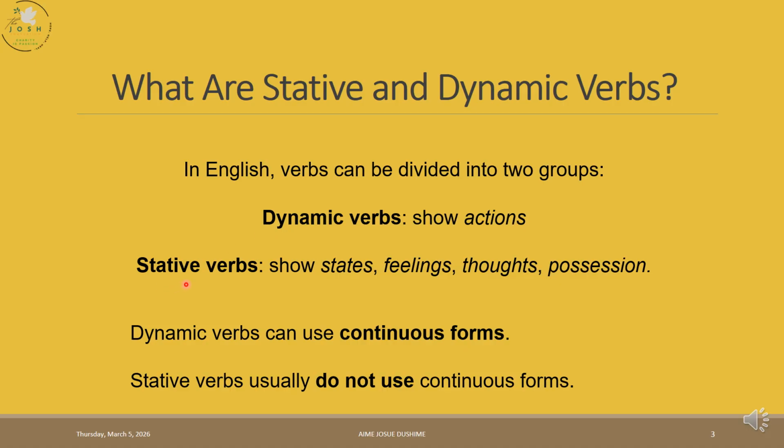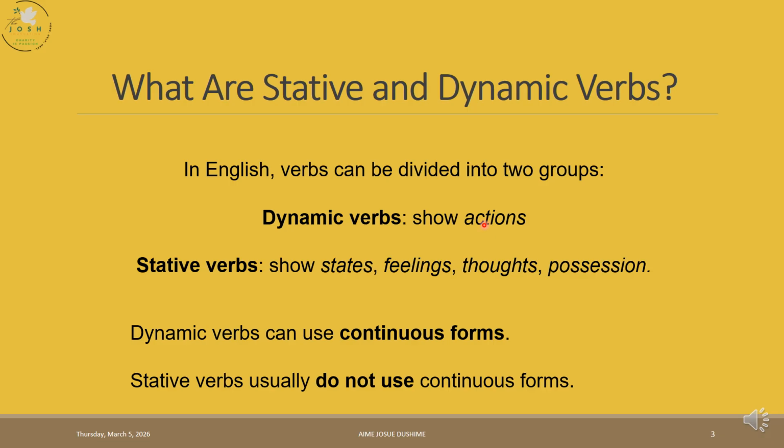And we have the stative verb. Stative verbs show states. They show feelings, thoughts, and also possession. When you talk about a state, a feeling, a thought, a possession, those are grouped as one thing called the stative verb.